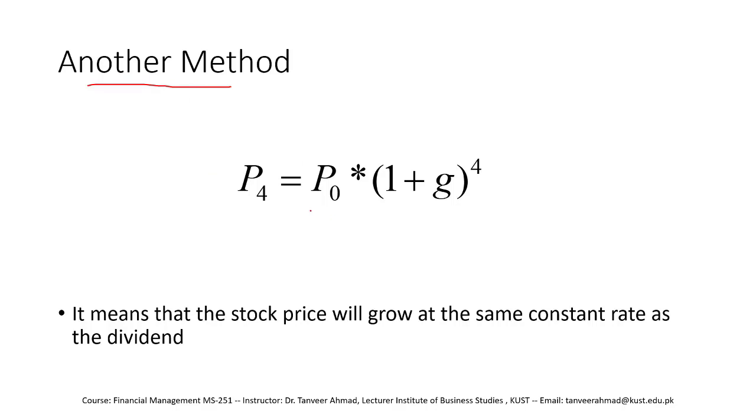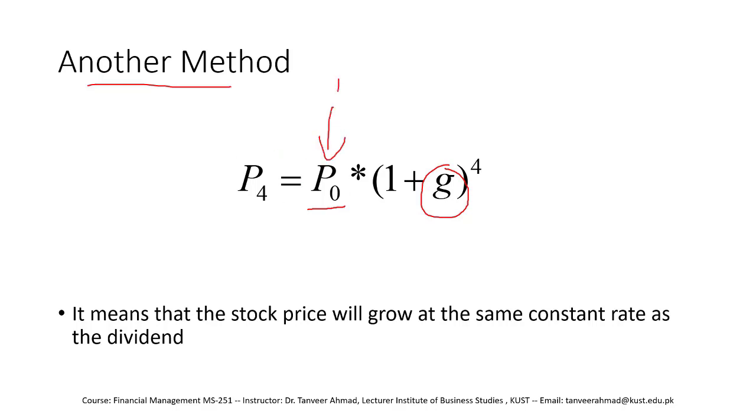This equation tells us that P4 would be equal to P naught into (1 plus g) raised to power 4. So the stock price will also grow at the same constant rate as dividend. Dividend is growing at the rate of g, so the price of the stock will also grow at the rate of g.